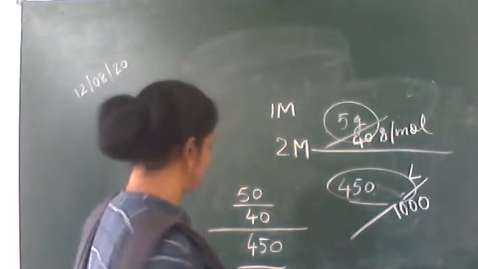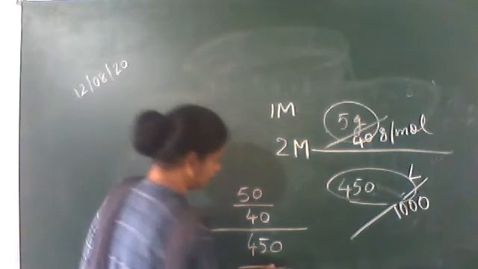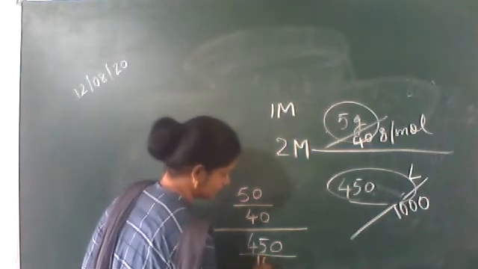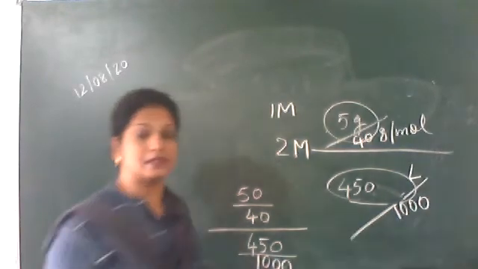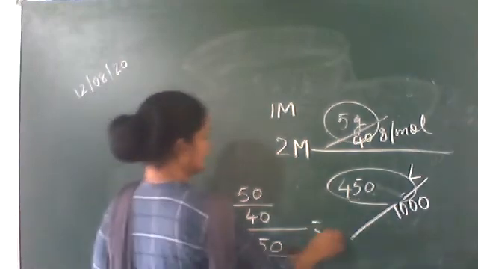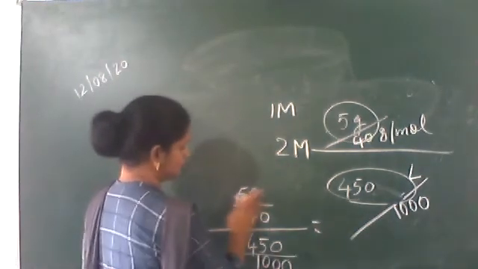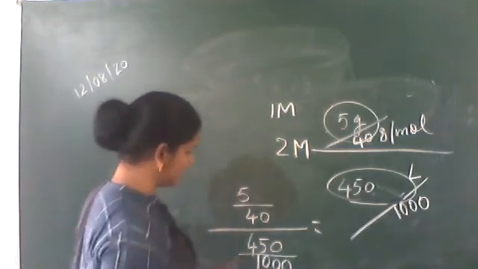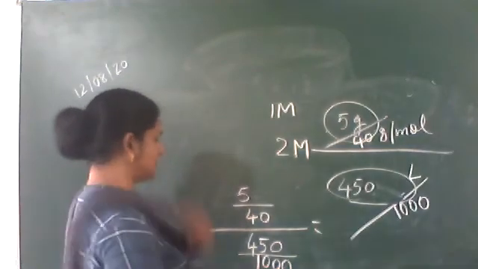5 upon 40 divided by 450 upon 1000. This is the molarity. So you calculate this, that is 5 upon 40 divided by 450 upon 1000.